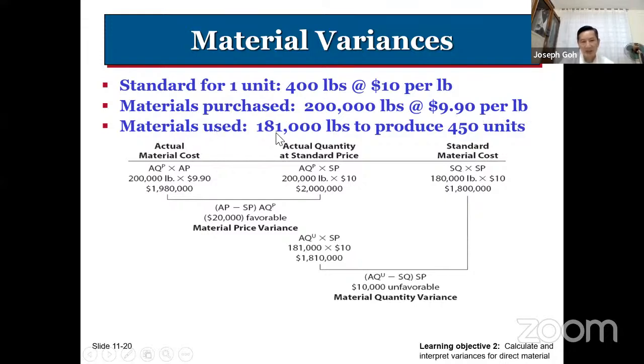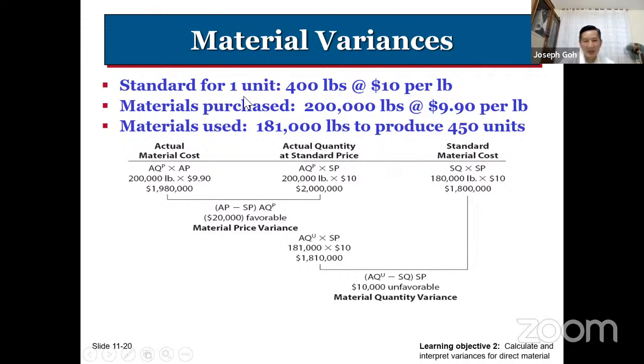Material use is 181,000 pounds to produce 450 units. They give you the quantity produced, 450 units, and they also tell you how much they purchased at what price. It's all given.